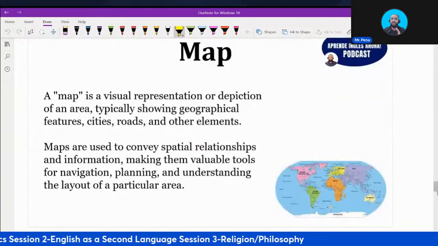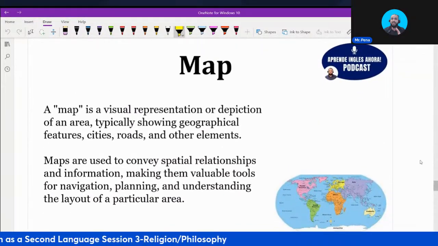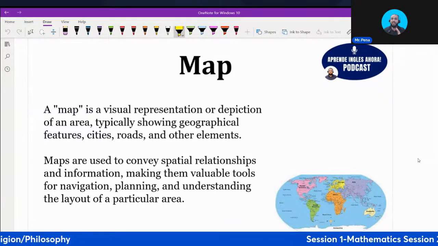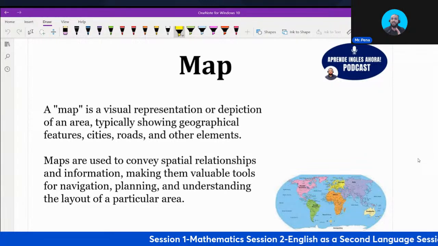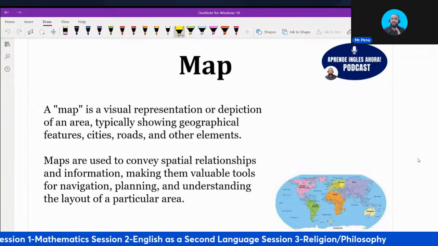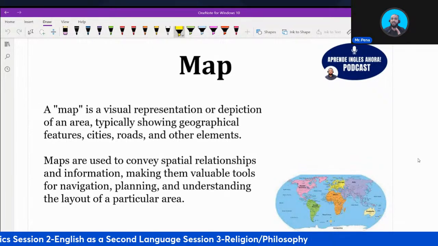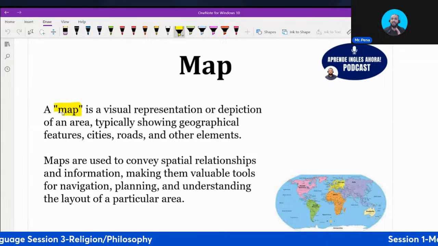Next is map. A map is a visual representation or depiction of an area, typically showing geographical features, cities, roads, and other elements. So our word for this slide is map.